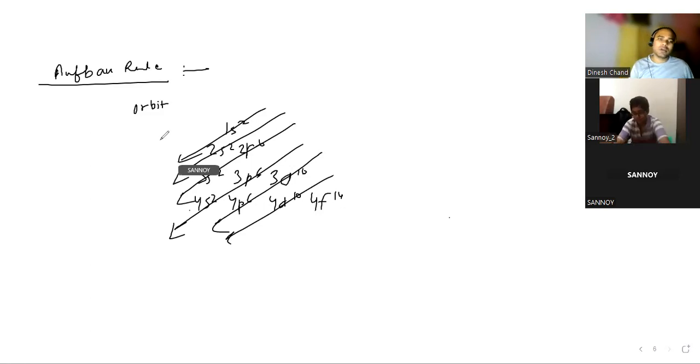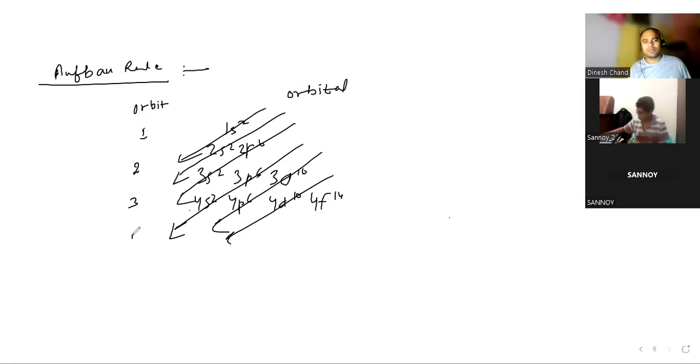If I consider the third orbit, this is the first orbit I am writing, and here the orbitals I am writing. The orbit numbers are 1, 2, and 3, then the 4th, 5th, 6th, and 7th. So if I consider the third orbit, which orbitals will come in the third orbit? Sir, s, p and d will come.